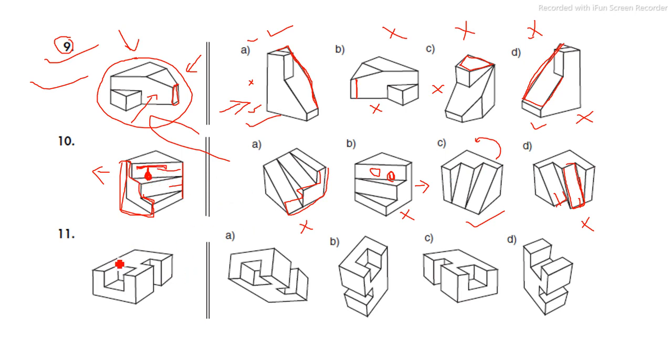Moving on to the next question. So here we can clearly visualize it's a Y, right? If you try to rotate this structure like this, you'll end up with a Y-like structure, something like this, right?